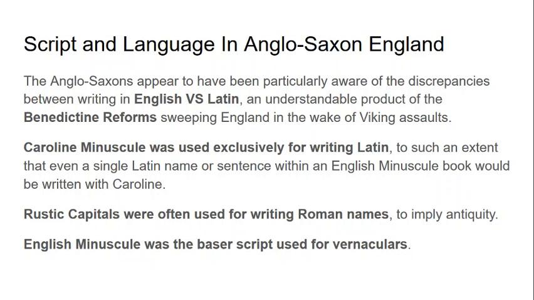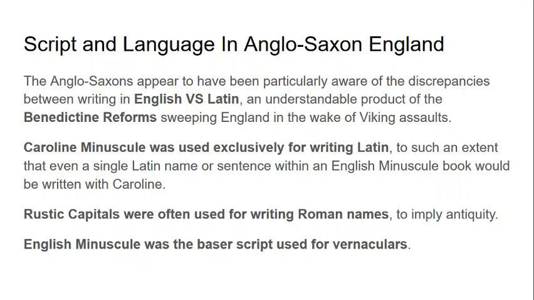And this vernacular language is very exclusively written in minuscule script, whereas Caroline minuscule was used exclusively for writing Latin. It's to such an extreme extent that even a single Latin name or sentence within an English minuscule book would be written with Caroline script.